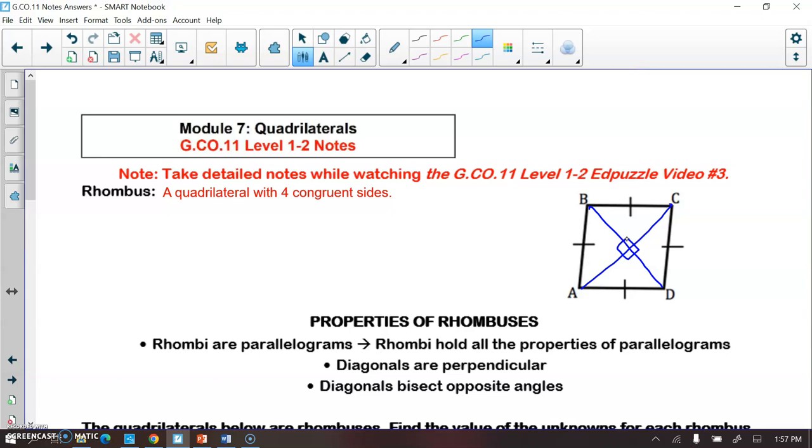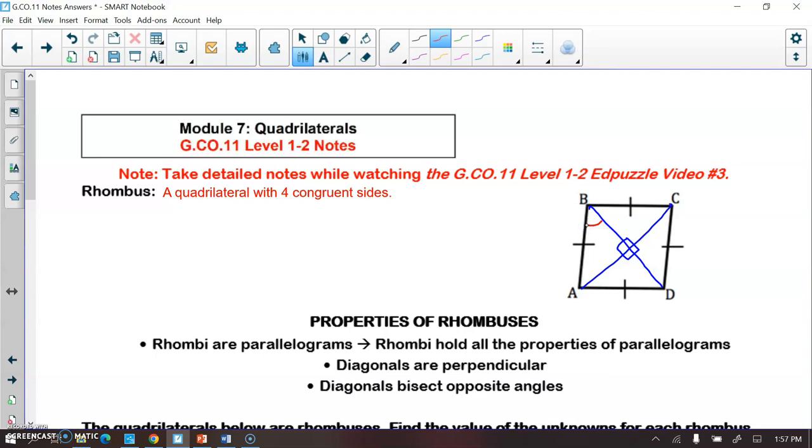And it also does bisect opposite angles like squares do. However, since in rhombuses or rhombi the angles are not necessarily 90 degrees, that doesn't necessarily mean that all the angles are 45 degrees, like it does in squares.